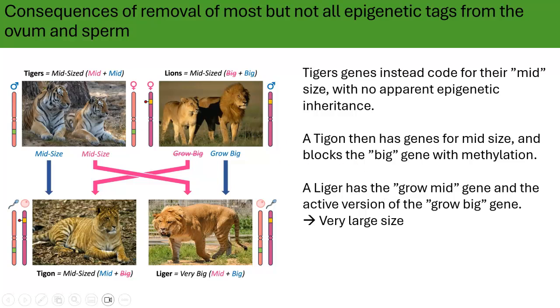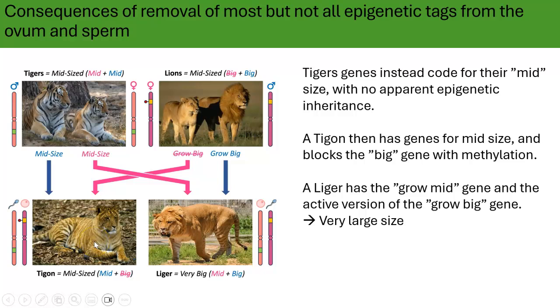So tigers instead have a gene, or genes, that code for their mid-size, even though they're large, of course, but there's no epigenetic inheritance here that is important. So a tigon then gets the defense against growing big, and the mid-size gene from the male tiger.